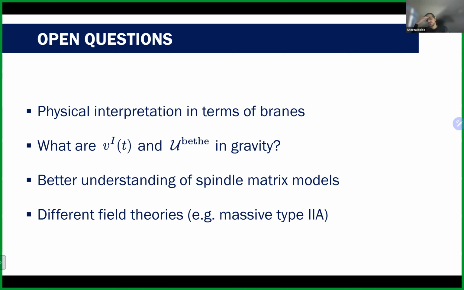Then you might also ask yourself, we were able to reproduce this rho of t from gravity, from geometry. Why can't we do better and reproduce also this v_i of t and the beta potential? This, if you remember, is the real part of the holonomies in the matrix model.